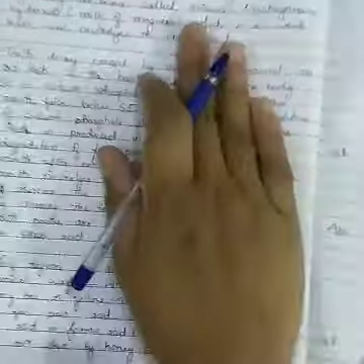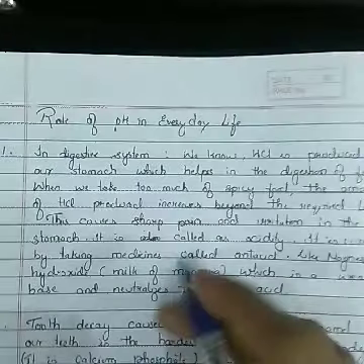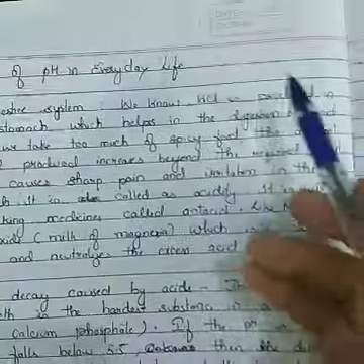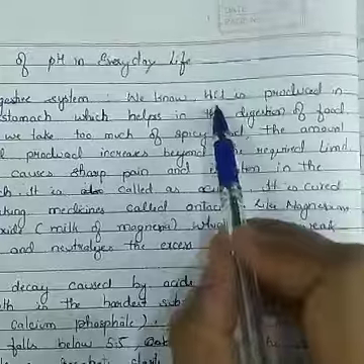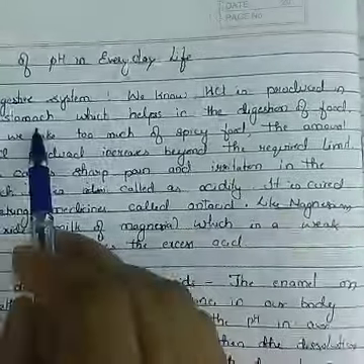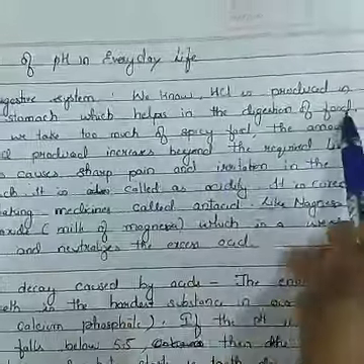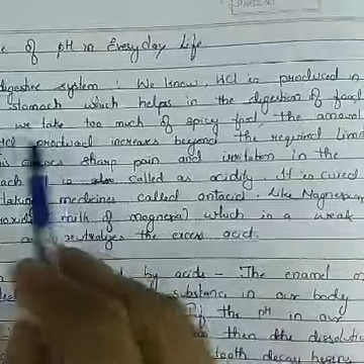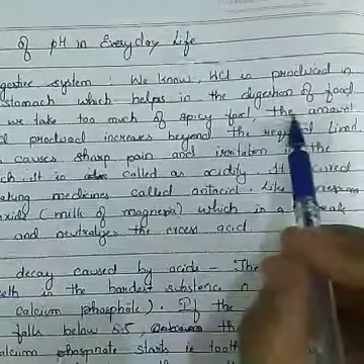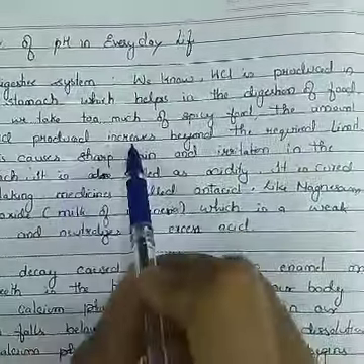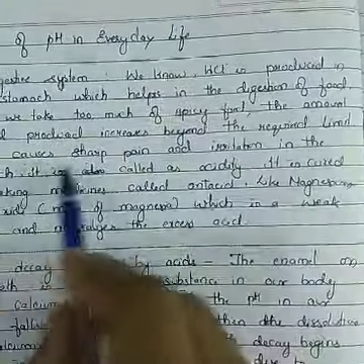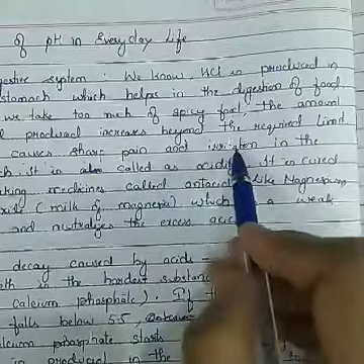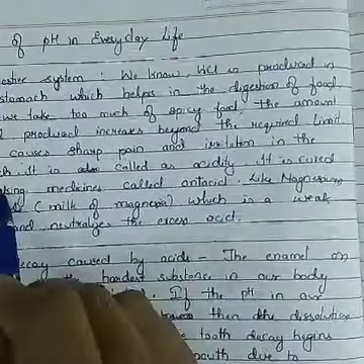Then the role of pH in everyday life. We know that HCl is produced in our stomach, which helps in the digestion of food. When we take too much spicy food, the amount of HCl produced increases beyond the required limit. This causes sharp pain and irritation in the stomach.